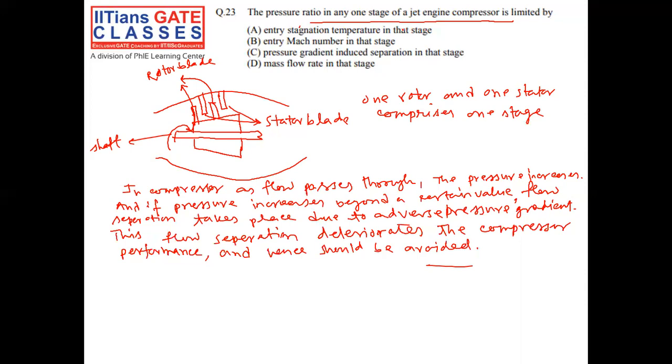So the pressure ratio in one stage of a jet engine compressor is limited by the pressure gradient induced separation in that stage, flow separation in that stage.